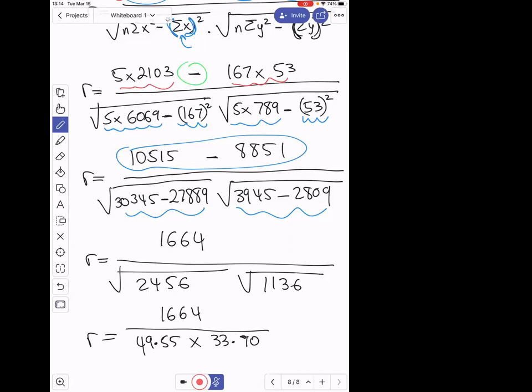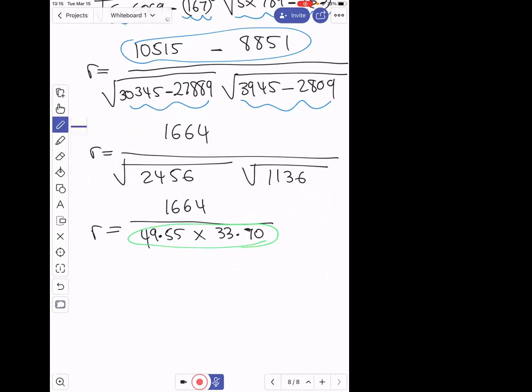All right, now next operation is the multiplication here, in the bottom here. Okay, I did the square roots. Now I multiply the numbers in the denominator, right? The 33.7 by 49.55, which is actually equal to 1,670.06, I think.